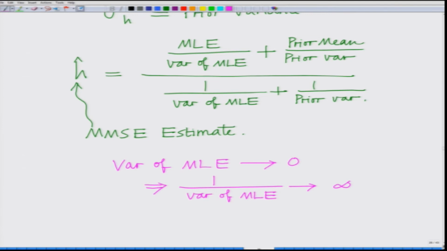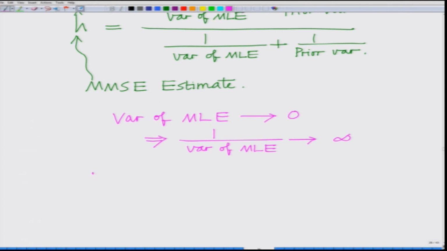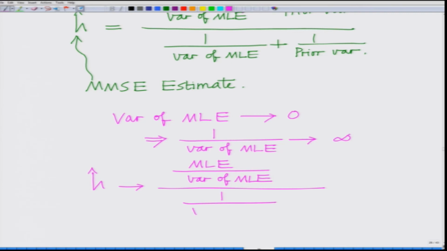So H hat tends to the MLE divided by the variance of MLE, divided by 1 by variance of the ML estimate, which is equal to the ML estimate, and that is a very beautiful interpretation.